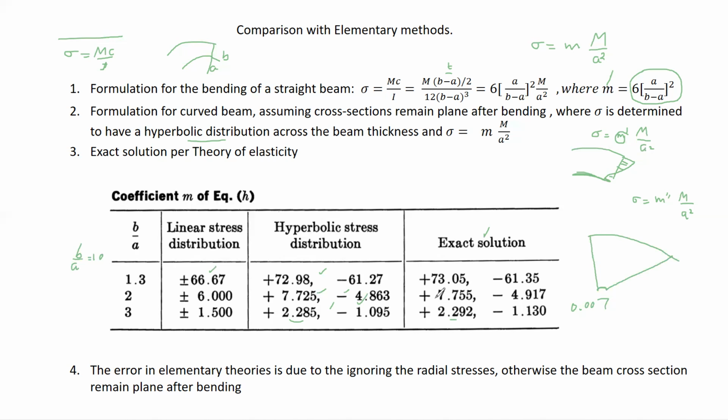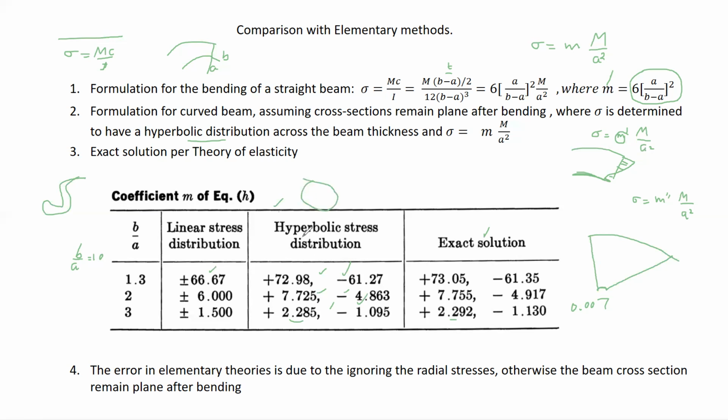But for common geometries, for common designs that we have, for example, if you want to design a hook, which is sort of a curved beam, usually the hyperbolic stress distribution solution would be accurate. And the advantage, as I mentioned before, of the elementary theory is that this formula here is given for any cross section.